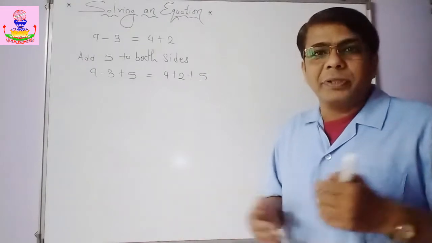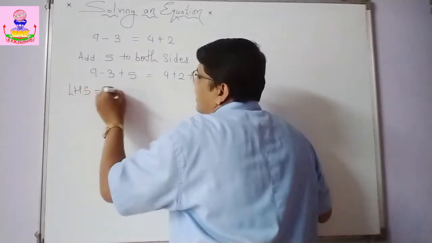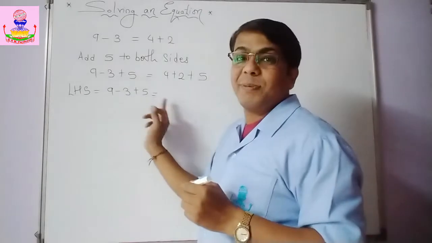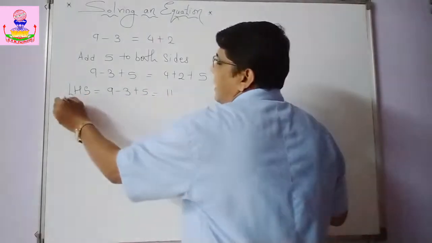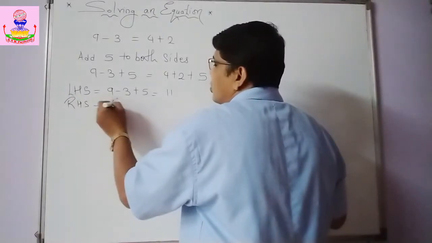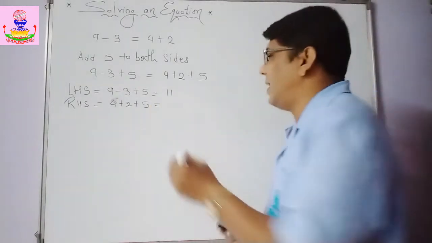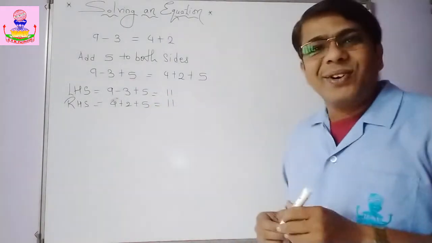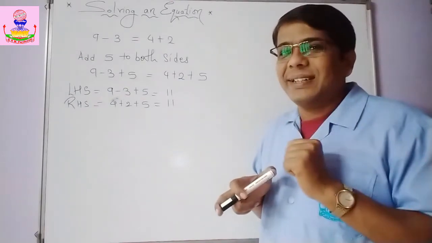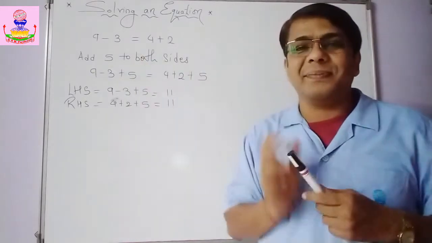Now, what is LHS? 9 minus 3 plus 5. 9 minus 3 is 6, 6 plus 5 is 11. And RHS? 4 plus 2 plus 5. 4 plus 2, 6, 6 plus 5, 11. Oh my God, they are equal.